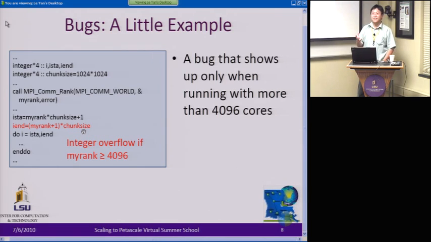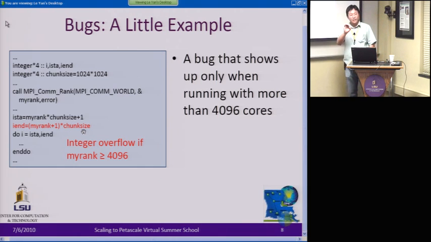Something you take for granted in a serial program or a small core count parallel program will run fine with a small core count, but something could happen with a large core count. If you have something like this, it would be very, very difficult to debug.